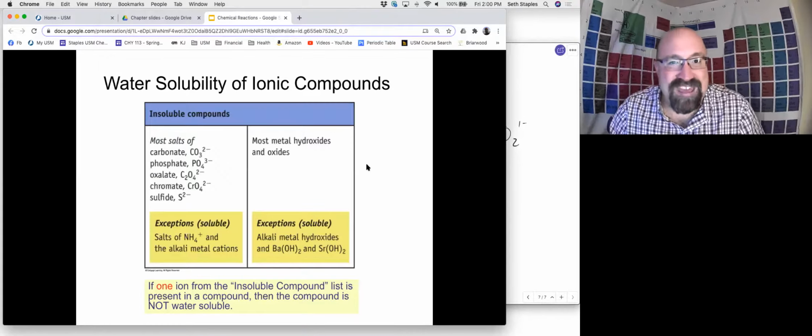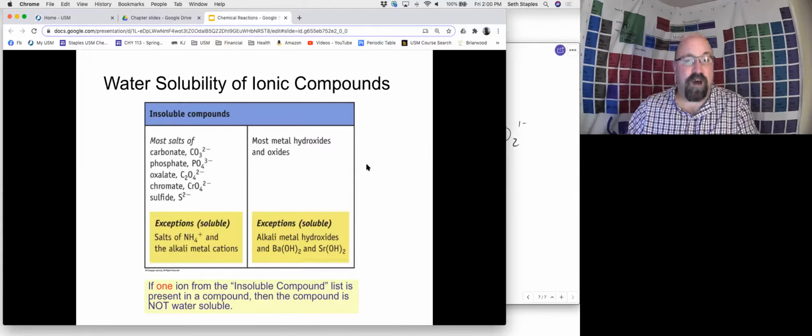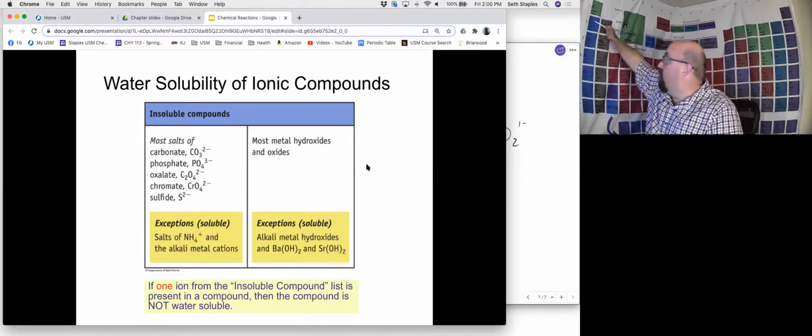Now we have our list of insoluble compounds. Carbonates, phosphates, oxalates, chromates, and sulfides are all going to be insoluble compounds, except if our positive ion is ammonium or any of our alkali metals, which are our first column in the periodic table.